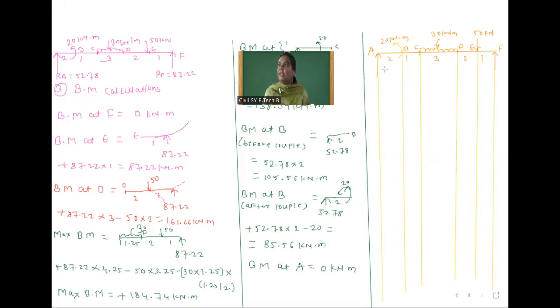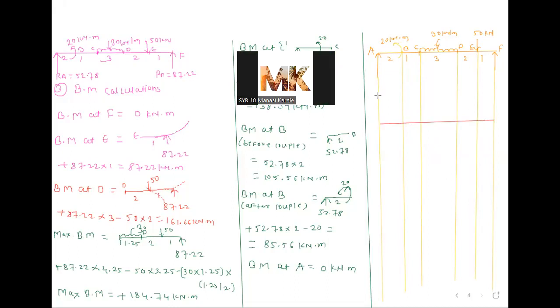Okay, shear force values are, I think, positive and negative. Both values are there, na? So that means the diagram is above and below the baseline. So we will draw. Yes, now you tell me shear force at A, which is equal to how much? 52.78. Okay, after that, at B, shear force is the same because there is no force.